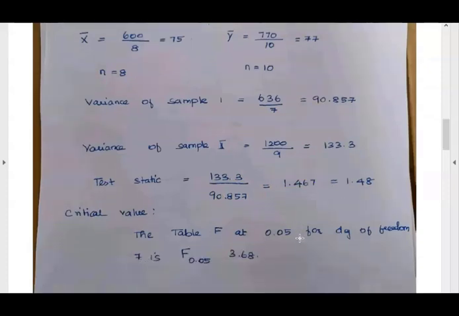Here I have to find the F table value for the 0.05 significance level and degrees of freedom. The table value that I have found for F at 0.05 is 3.68.